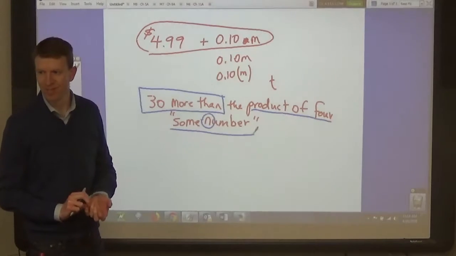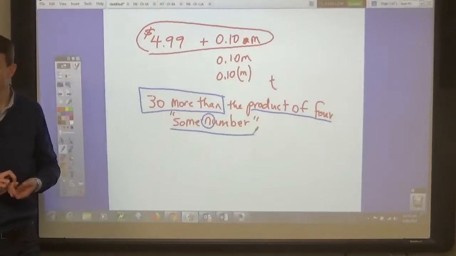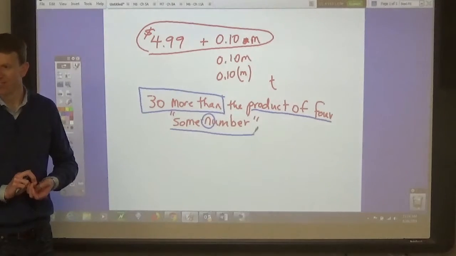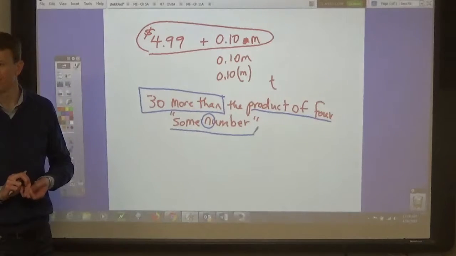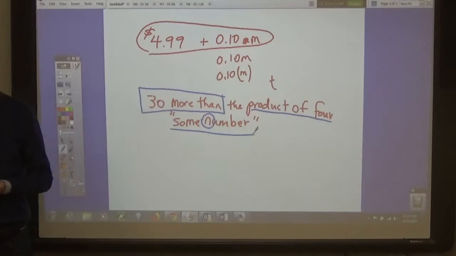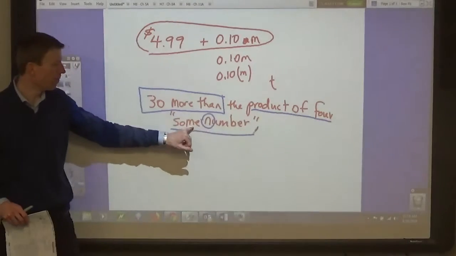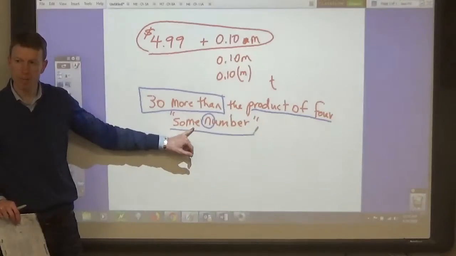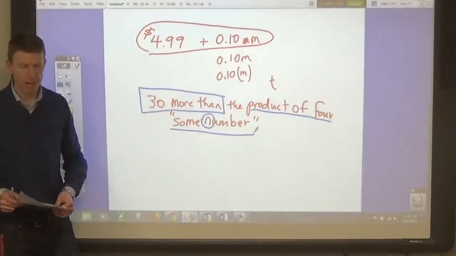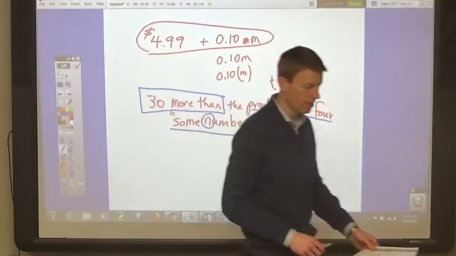Example 3, bottom of the page. The product of 4 and some number, what does that mean as an algebraic expression?